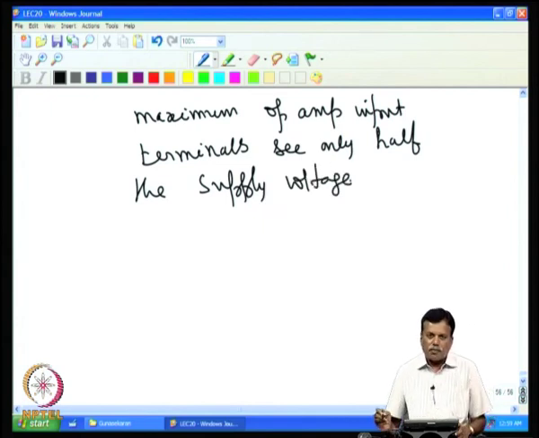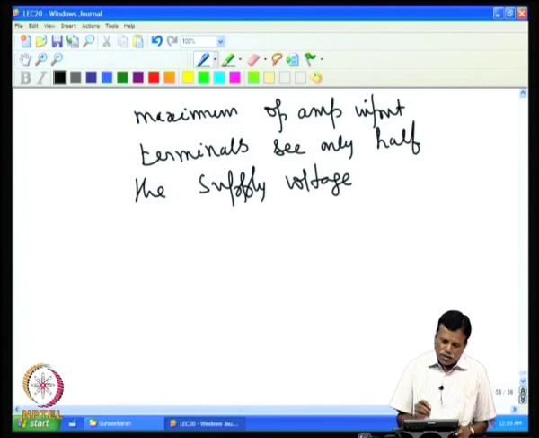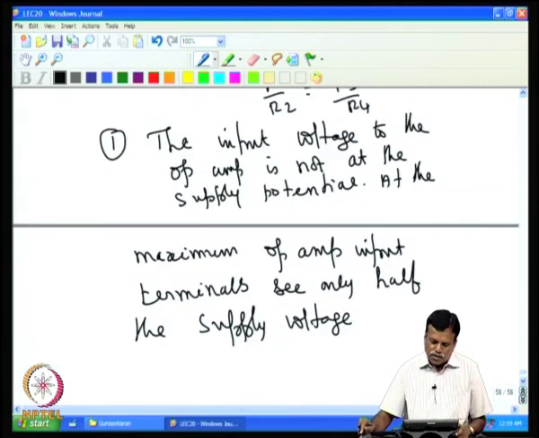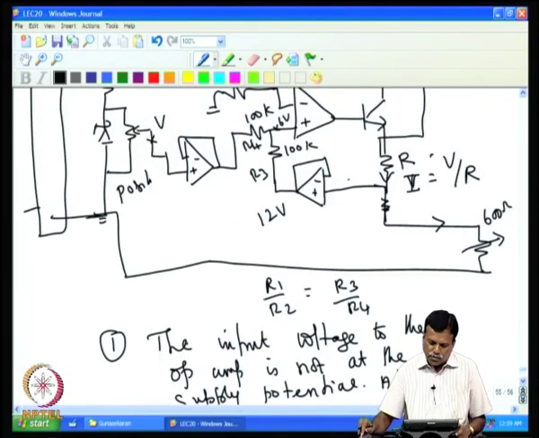This is one of the main advantages of this circuit, and this makes our working simpler.